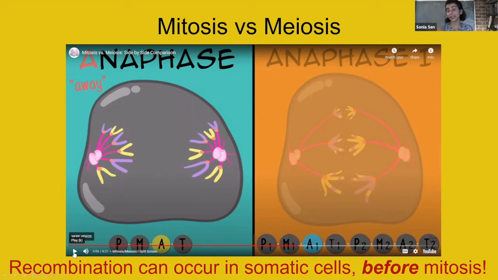Yeah, I guess that would be my answer, that mistakes do happen, double-stranded breaks do occur, and in a process of trying to repair it, a recombination event may occur.